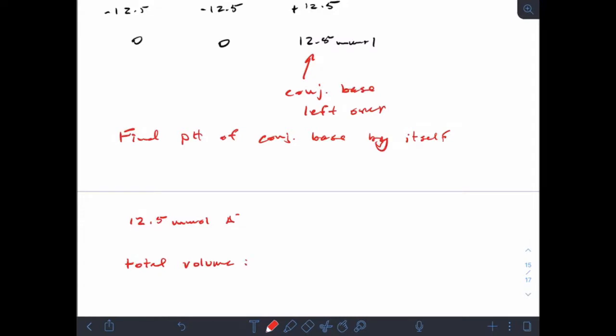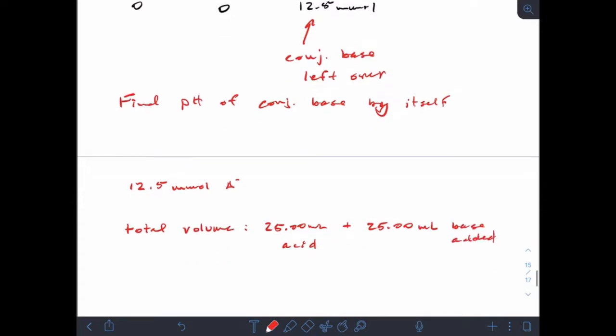Remember, we started with 25 milliliters of acid. And now we've added 25 milliliters of base. Right, so our total volume is going to equal 50 milliliters.